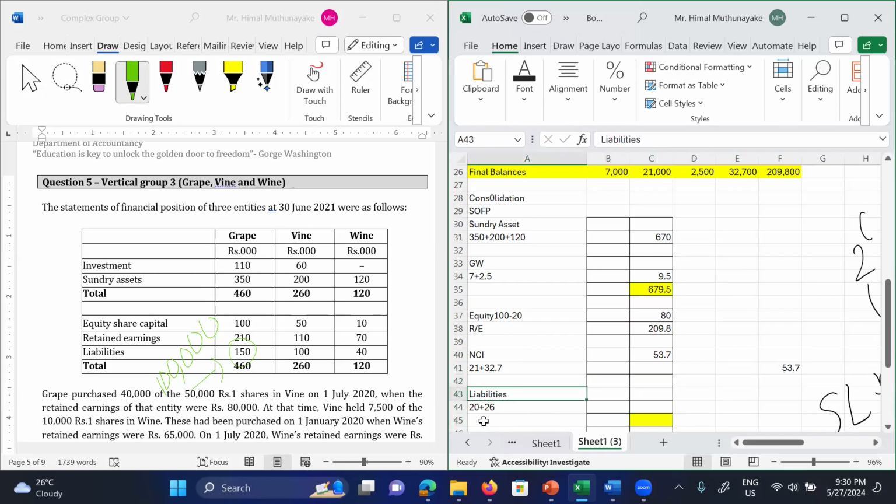And the liability: 150 plus 150 plus 100 plus 140, 40, right? So how much is the total? 330, right? Yes. So the total would be this.